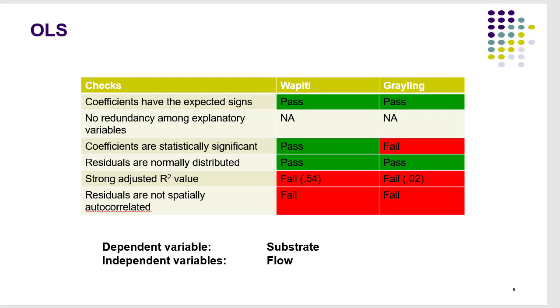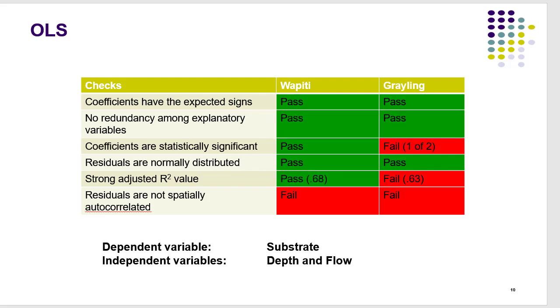And this was with the dependent variable being substrate, and this time the independent variable was flow, based upon the model run for that one. And then the last one, again, dependent variable substrate, depth, and flow, came out pretty good, passing most of the tests here, except the residuals are spatially autocorrelated. So 0.68 was the adjusted R square for this one.